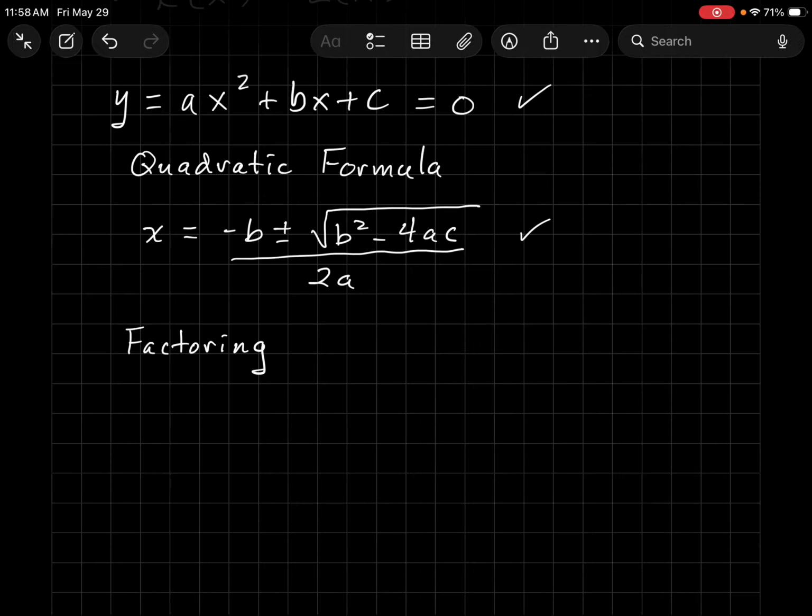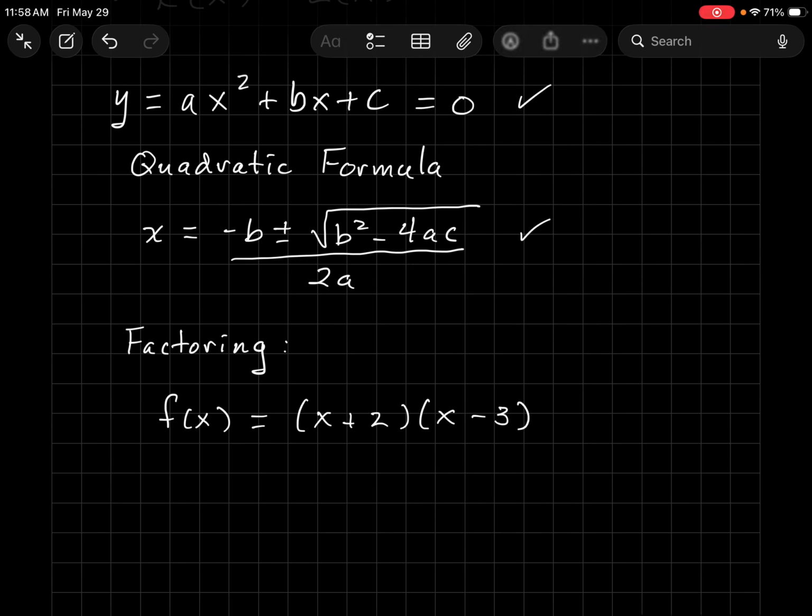A note: this video is not a tutorial on how to factor. I expect that you have seen this before and that the video is here just to remind you how to factor and to do some problems with it. Suppose we have the function f of x equals x plus 2 times x minus 3.